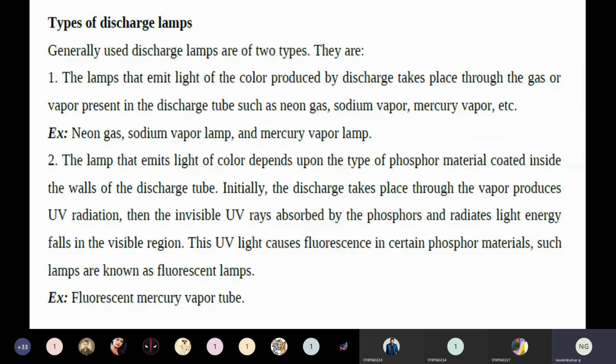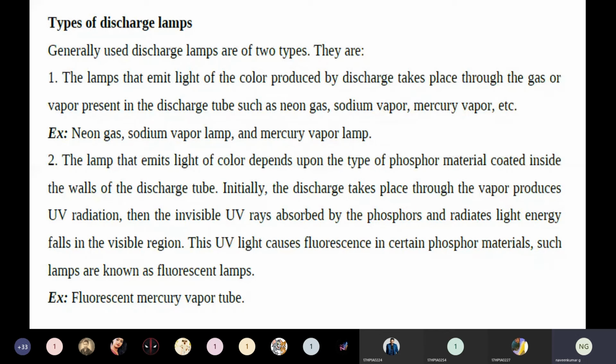So depending upon the discharge, there are two types of lamps basically. The lamps that emit light of the color produced by the discharge taking place through the gas, that is neon gas, sodium vapor gas, mercury vapor gas, etc. Or the lamp that emits light whose color depends on the type of phosphor material coated inside the walls of the discharge tube.